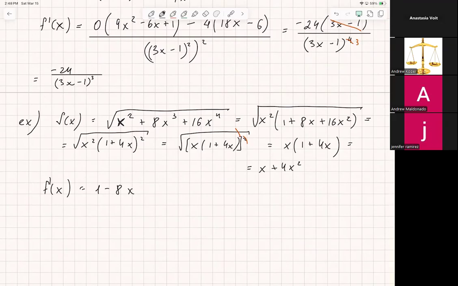So this way it's easier to find the derivative. So originally, you see, we had this square root of the polynomial, and if you don't know the chain rule yet, that's gonna be hard to do. I mean, we don't really know what to do in this case, right?